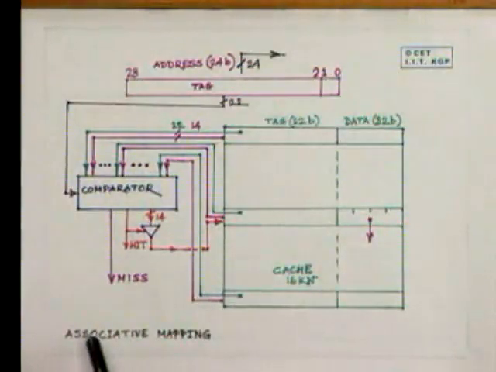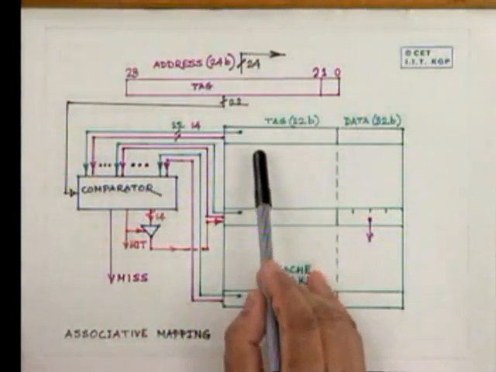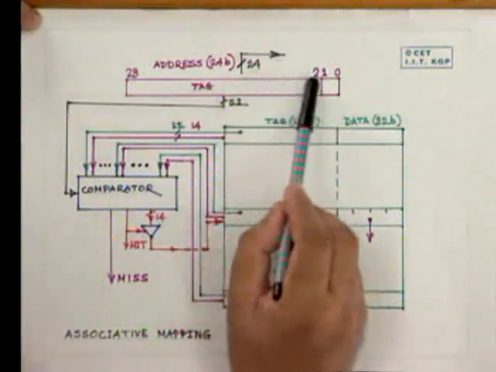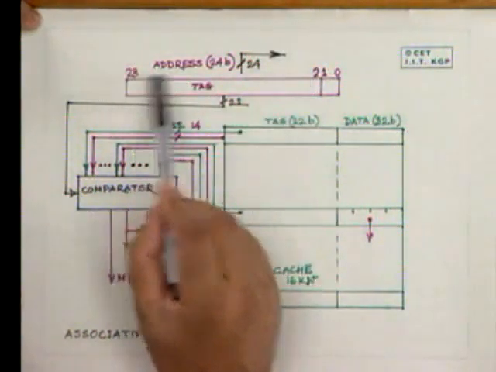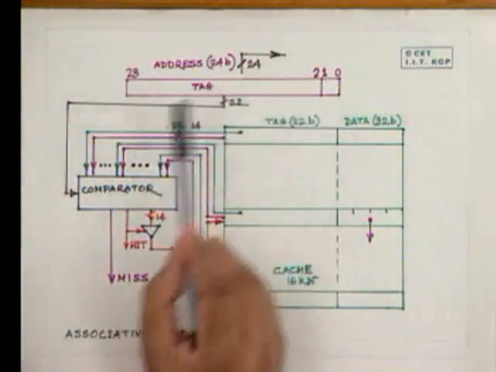Now, let's see what happens in the case of an associative mapping. This entire thing from bit 2 to bit 23, that means this 22-bit field, is taken as a tag.